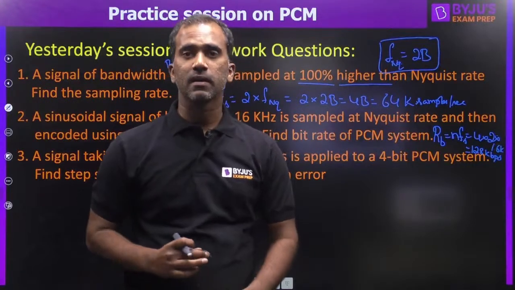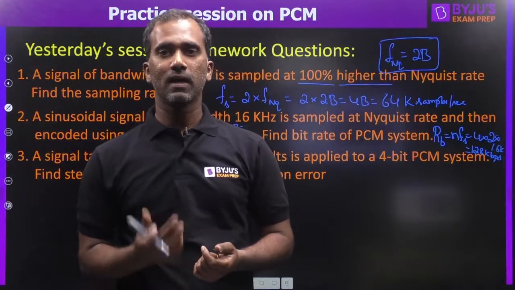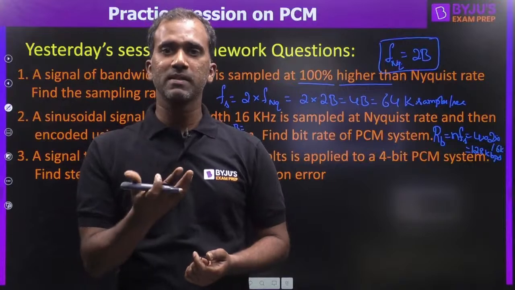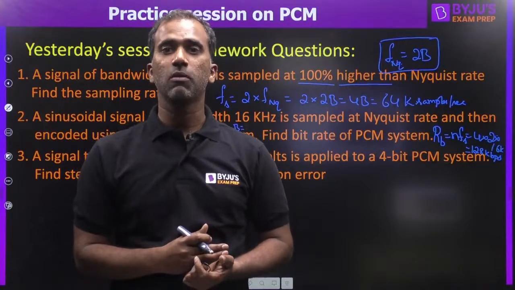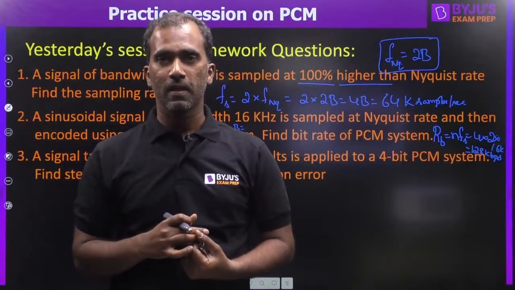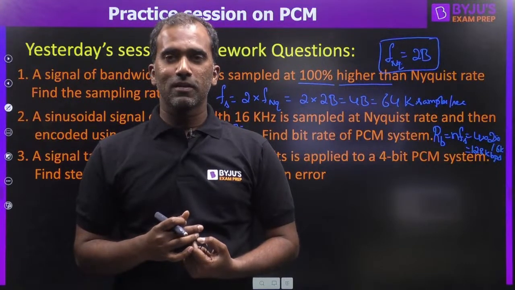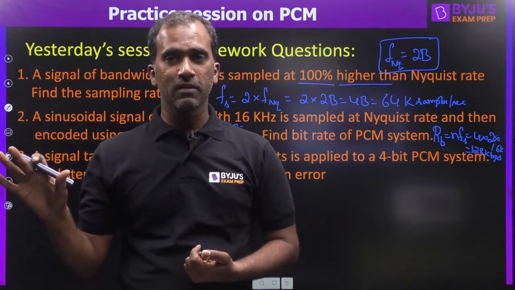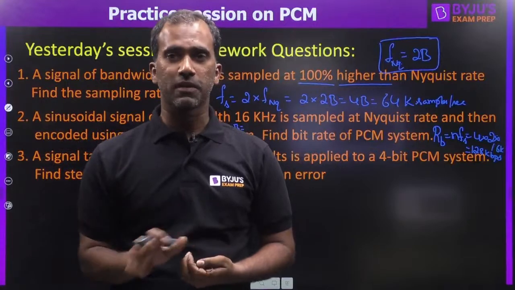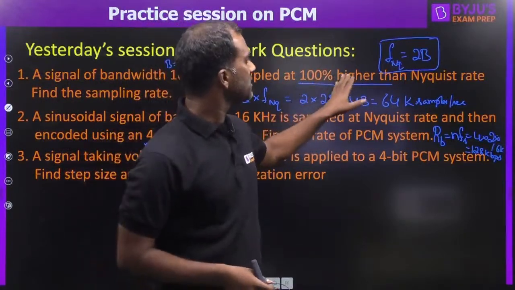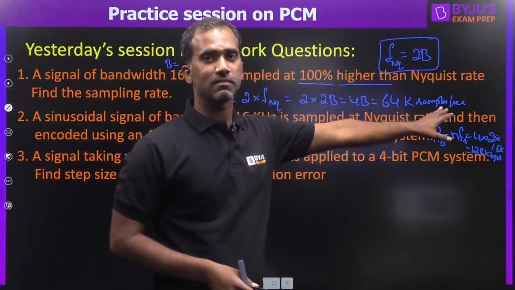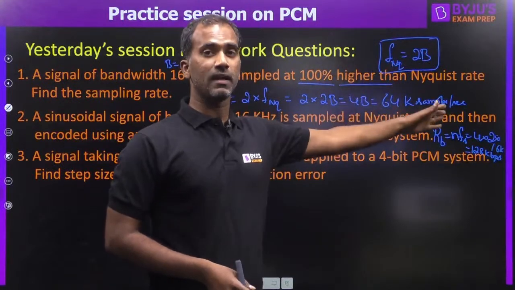Similarly, I'll ask you similar questions to make it clear. When I say 50% higher, 100% is original, 50% higher means it's like 150%, which is 1.5 times the original. 50% of original is different, 50% higher than original is different. If I say 100% of Nyquist rate, it is only the Nyquist rate. I'm saying 100% higher than Nyquist rate.